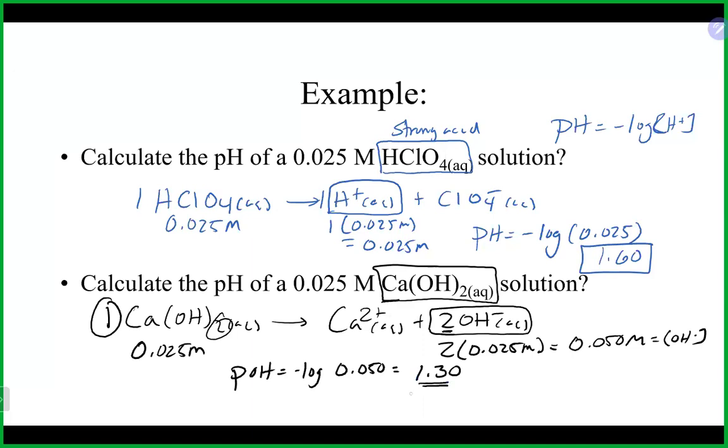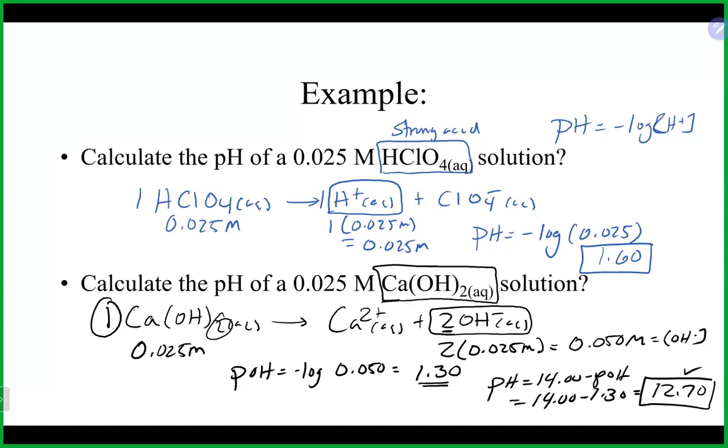So this is the pOH. To calculate our pH, it would be 14 minus the pOH. So that's going to be 14 minus 1.30. And that's going to get us a pH that makes a little bit more sense at 12.70. That definitely is basic and would be the pH in this case.